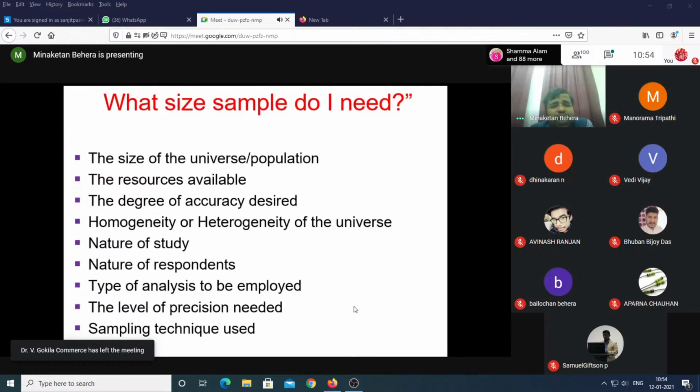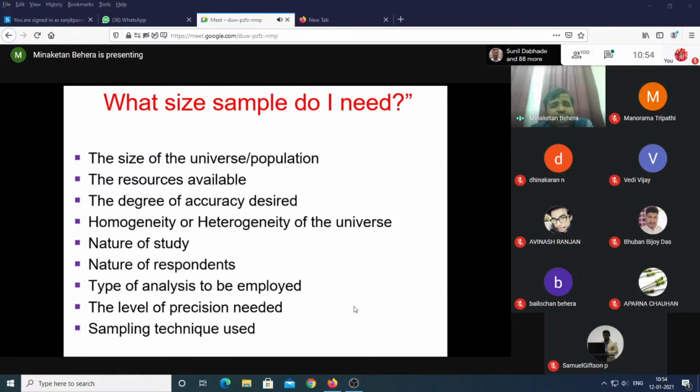Now, the first question we have to write in a synopsis, as I explained in the last class, is what your sampling is. You categorically tell in your synopsis that you have used probability sampling for your research work. Many students ask me, can I use both?